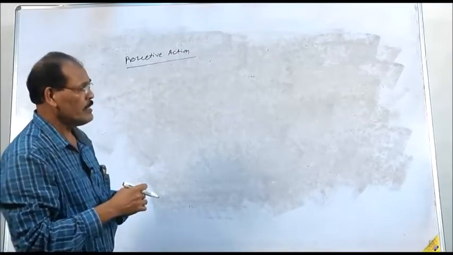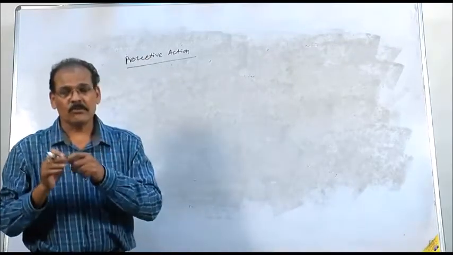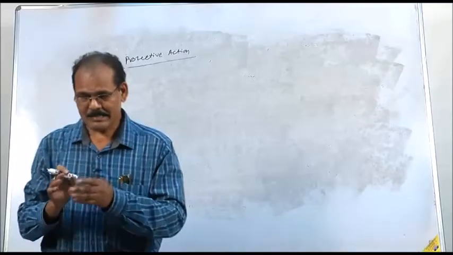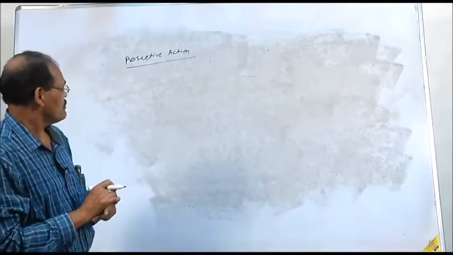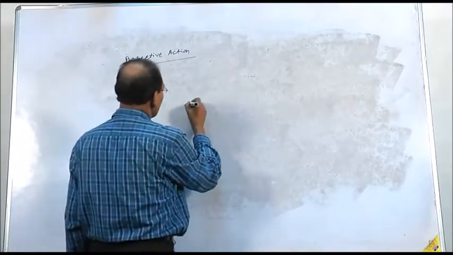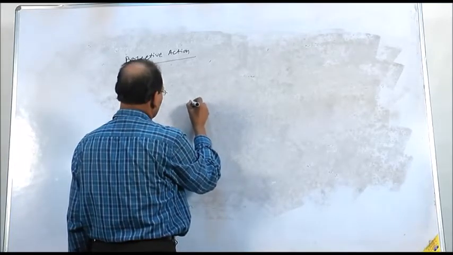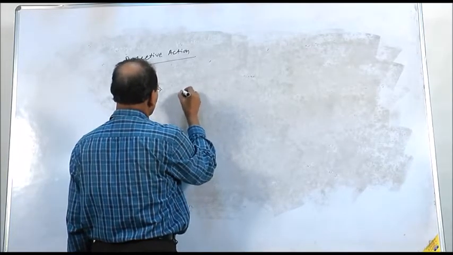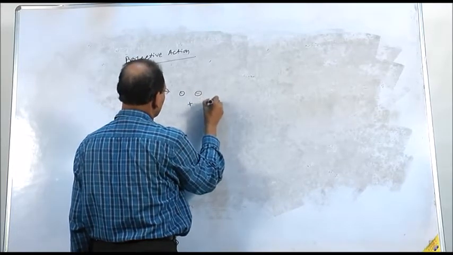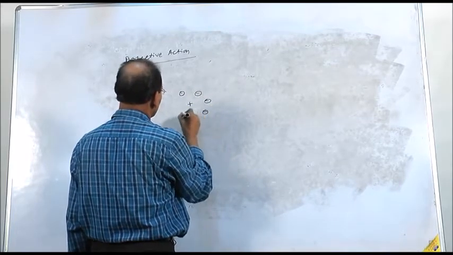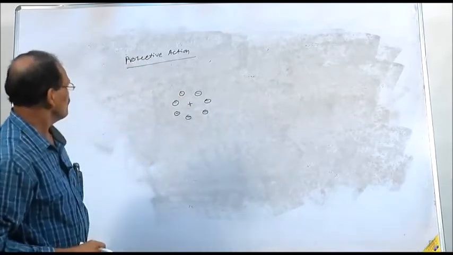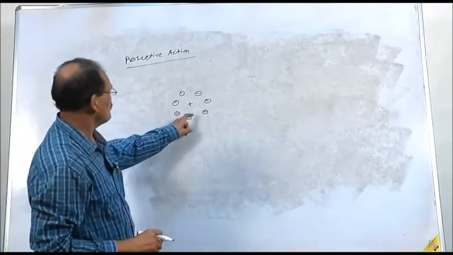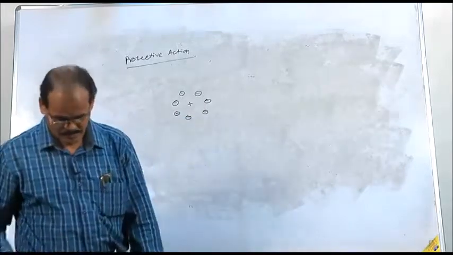In that way, formation of charge takes place. Suppose a positive particle is there, it is covered with the negative particles. So, that protects the positive ion from interacting with other molecules.